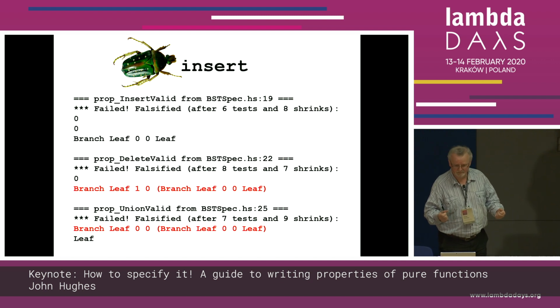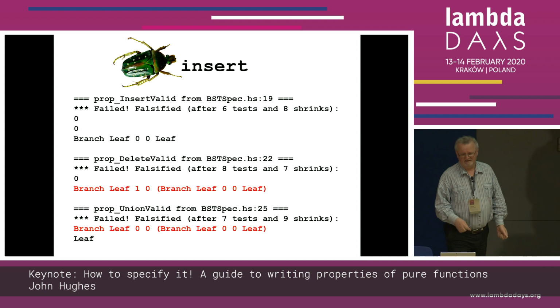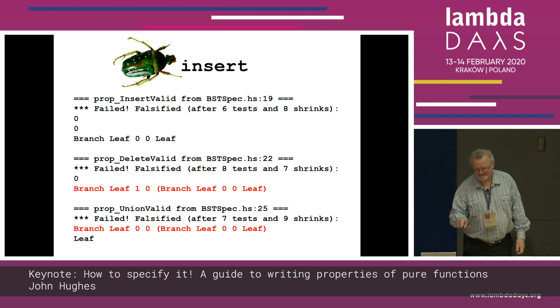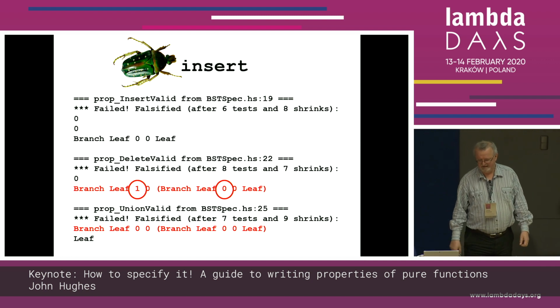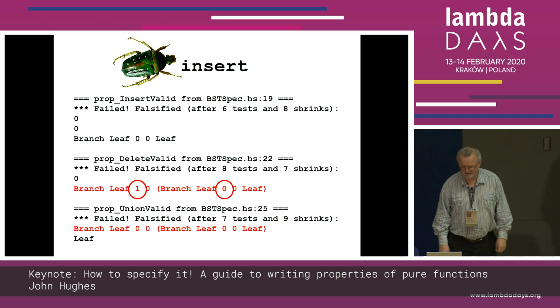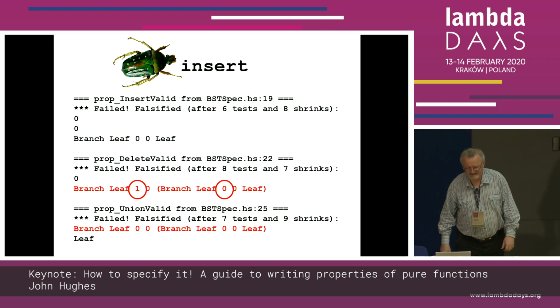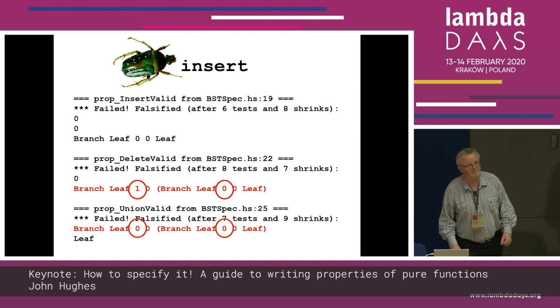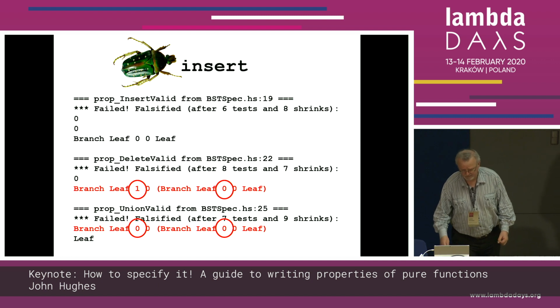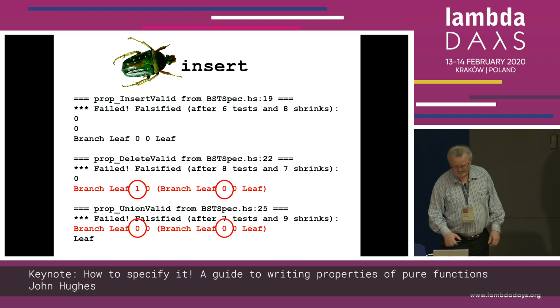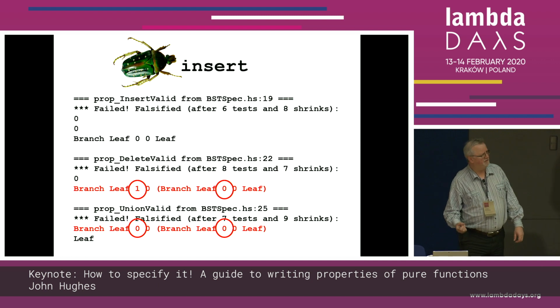What's going on? Well, if we look at the test cases that QuickCheck reports, these are the trees that I passed in to delete and union. Look at them closely. They're the keys in the first tree. Wait a minute. There's a 0 key in the right subtree and a 1 at the root. That's not valid. Likewise, the one that I passed to union has the 0 key twice.